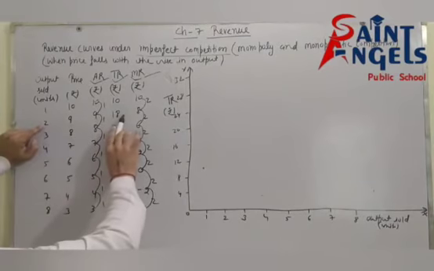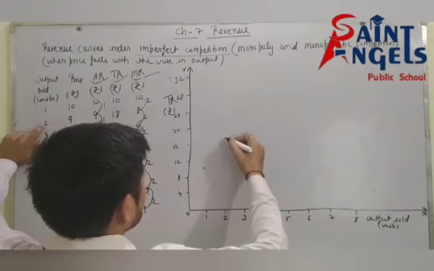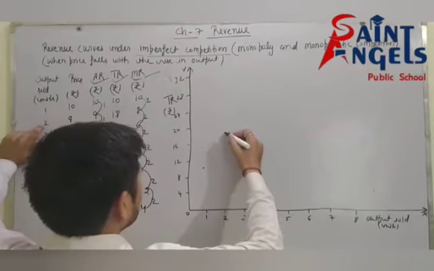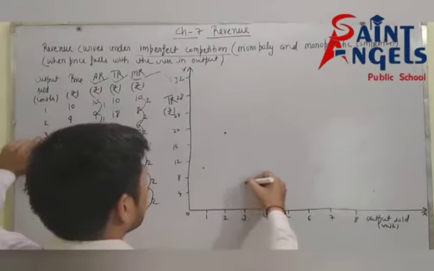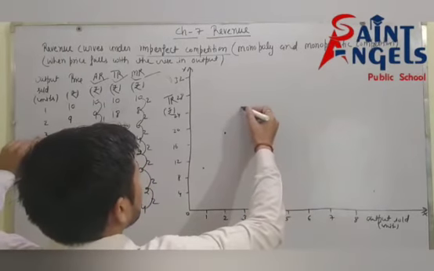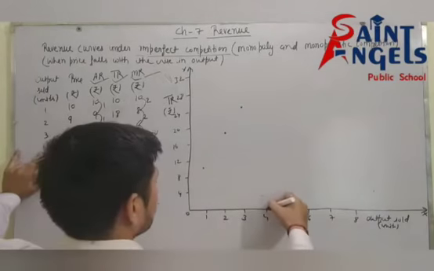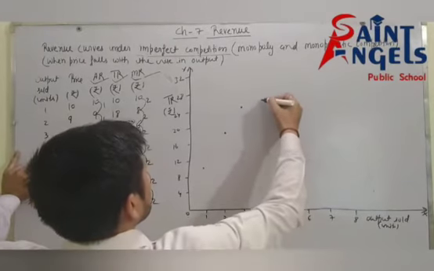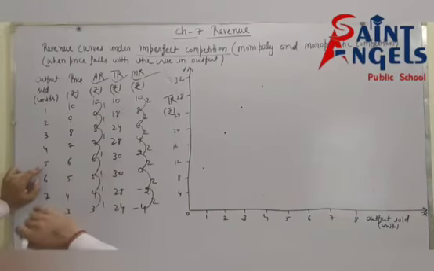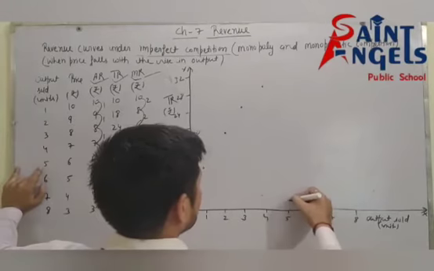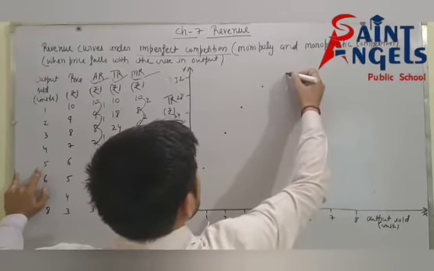At 2 units, the value of TR is 18. At 3, 24. At 4, 28. At 5, 30.